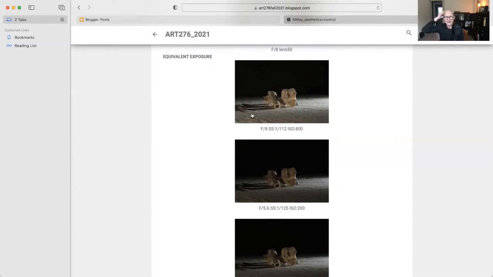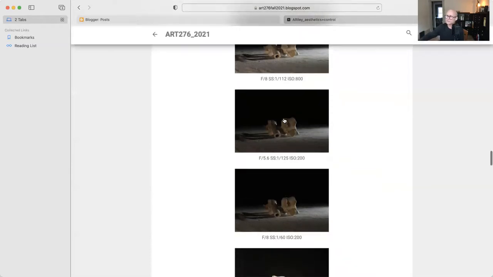Here, you went from 200 to 800. That is doubling and doubling again as far as sensitivity. But you went 1, 2, 3 clicks and only compensated by 2/3 of a step. So that is why the image got brighter.